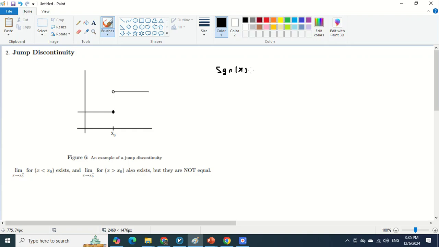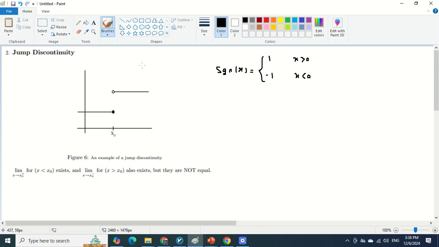We have the following definition: it is 1 where x is positive, and if x is negative, it's equal to -1. This sign function is a jump discontinuous function, and the given function has a simple graph.